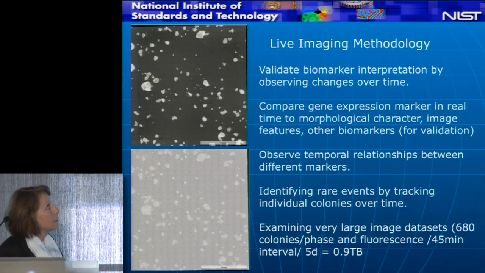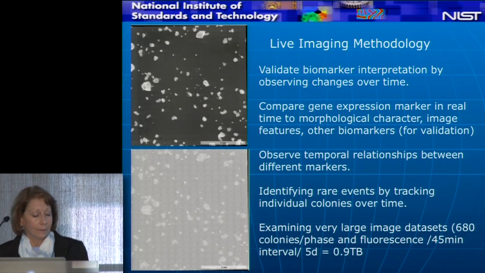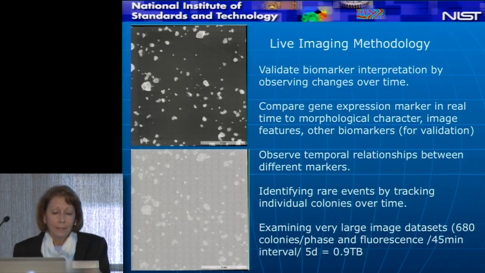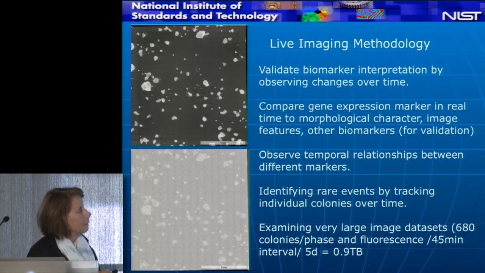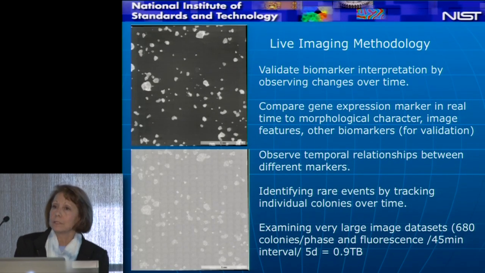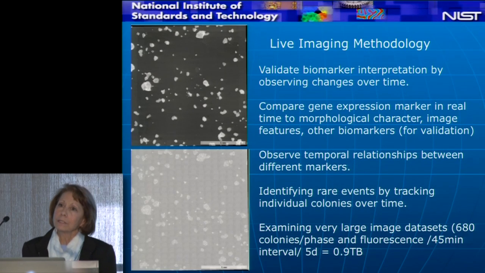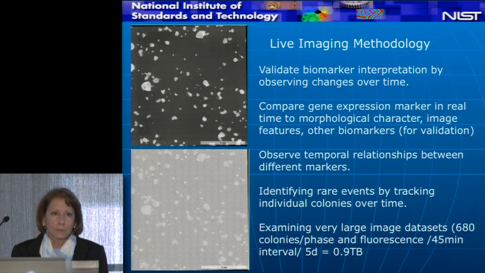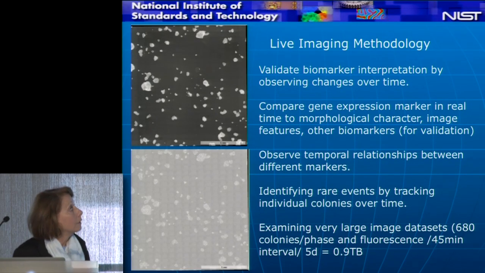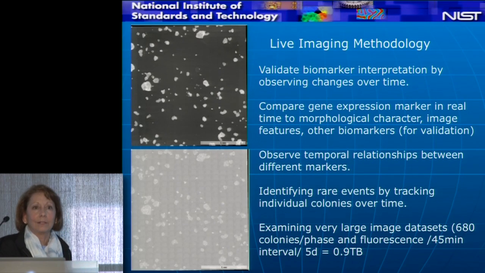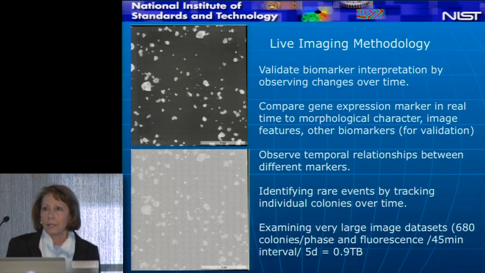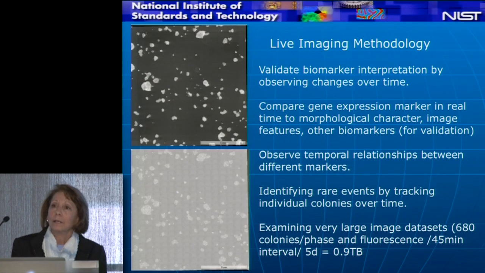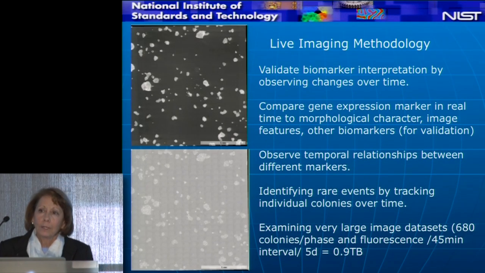These colonies here are expressing GFP in the OCT4 gene site, and so one might think that one could take the fluorescence of these colonies and examine fluorescent colonies that are producing GFP with the features that are present in the phase contrast images of these colonies, and say, are these the right features that represent GFP expression as a measure of pluripotency?